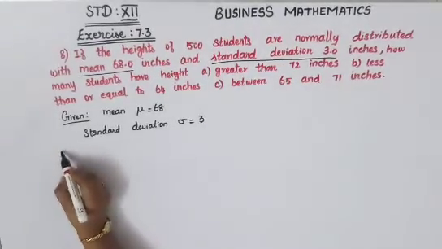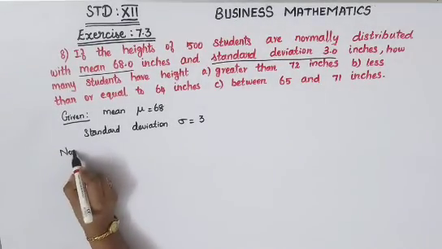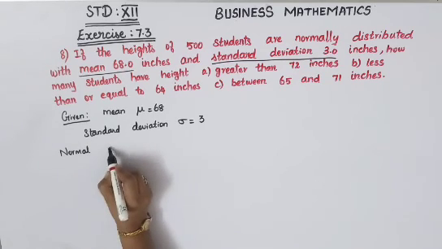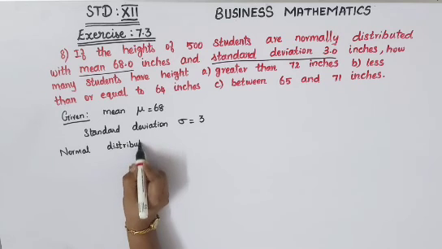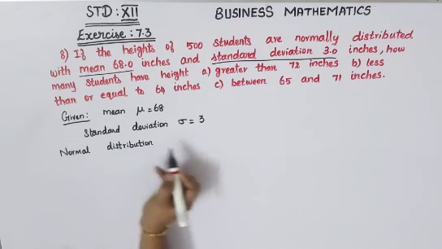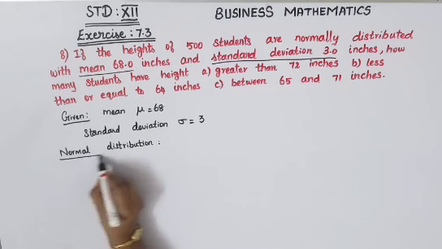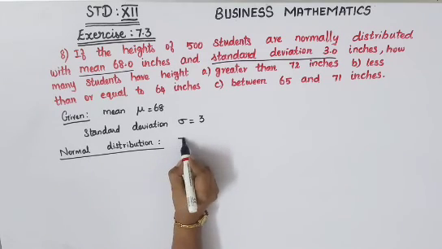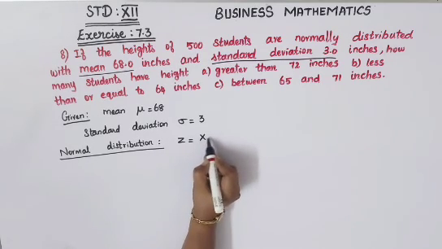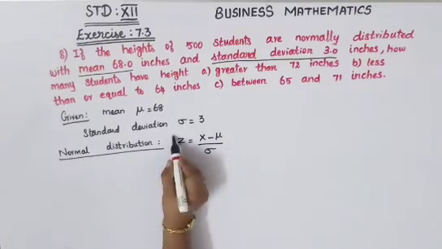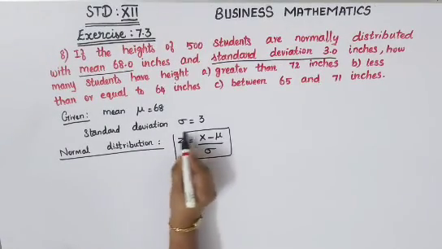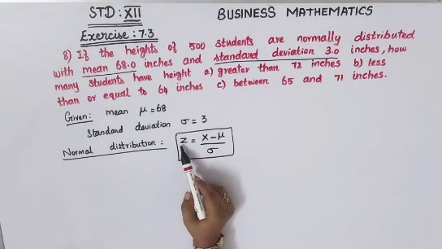Now going to the normal distribution formula. This formula is just for the conversion. So z is equal to x minus mu divided by sigma. We'll give the value of x and we'll have to find z.